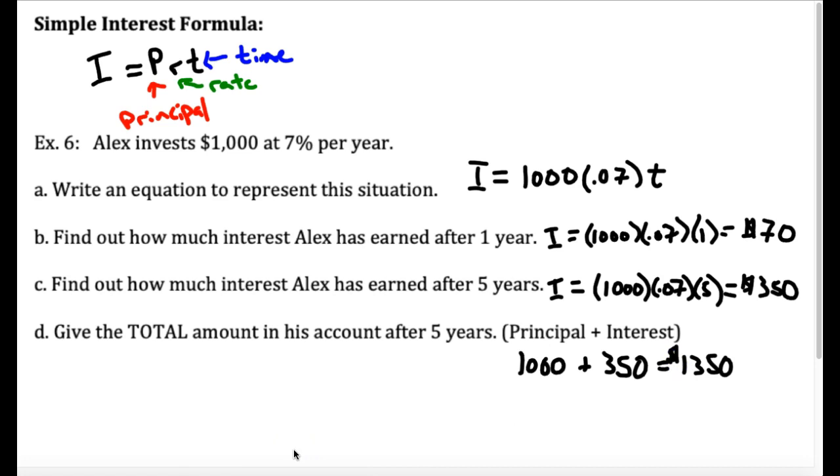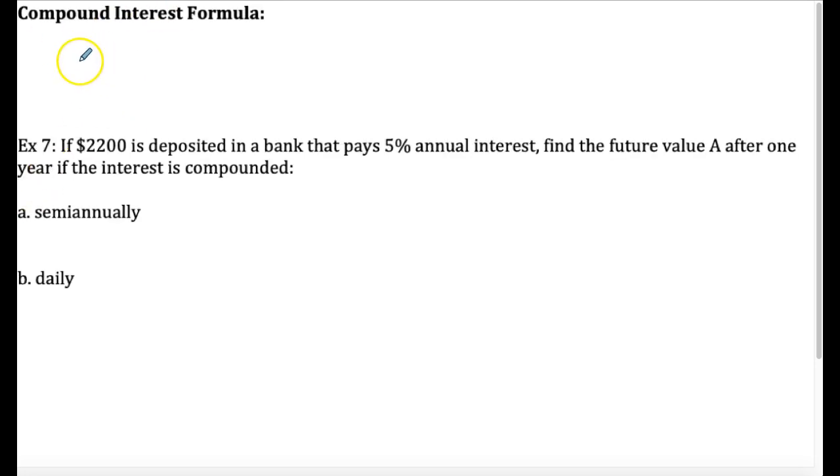All right. So simple interest isn't usually how the world works. Okay? Usually, we talk about compound interest. Compound interest is when you earn money on the interest. Okay, you gain interest on the interest. The compound interest formula looks like this.